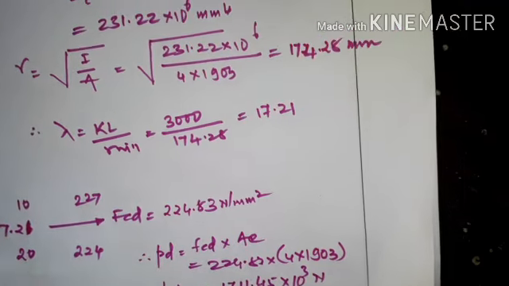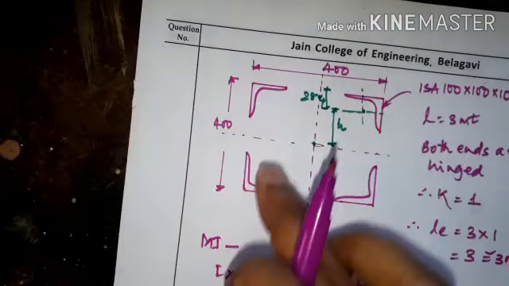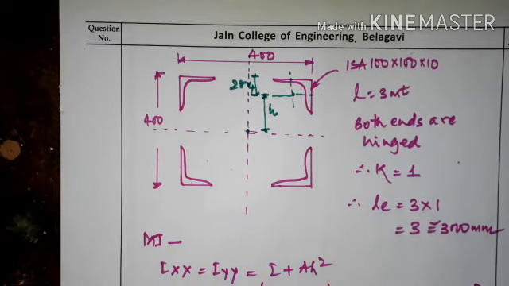So this is the final answer for the given problem, that is 4 angles at the corners for a column size of 400 by 400.